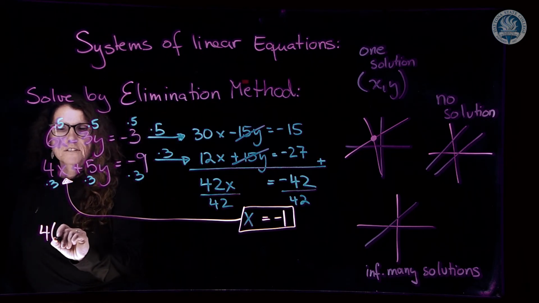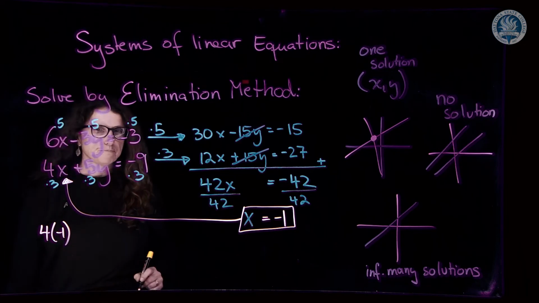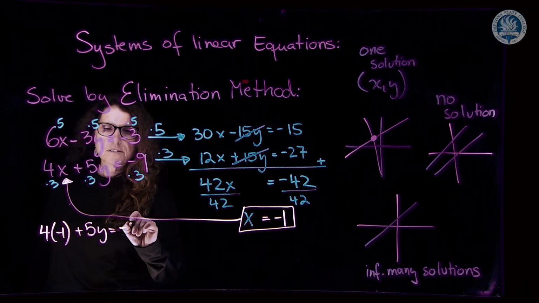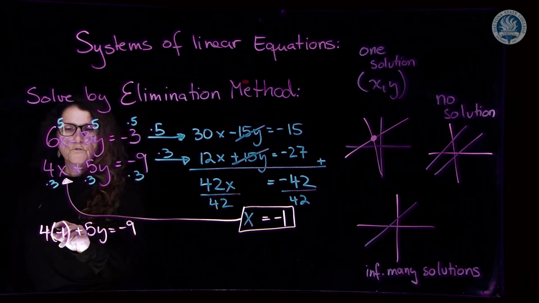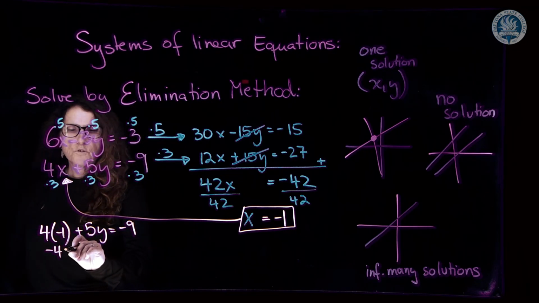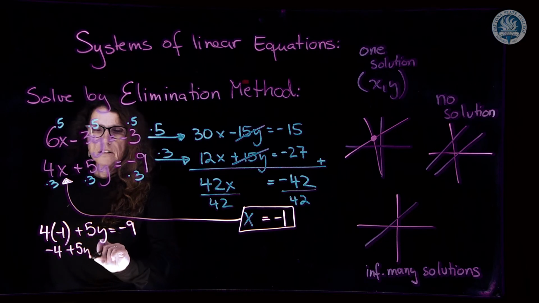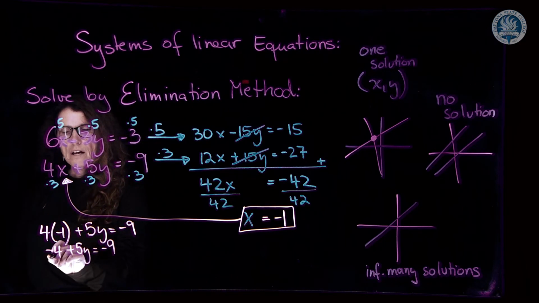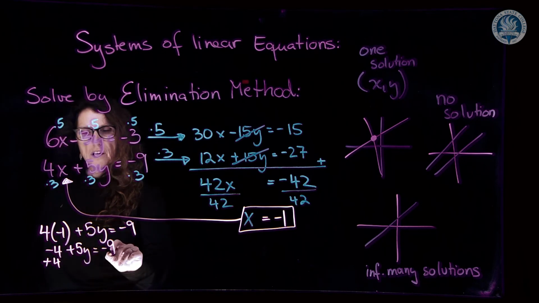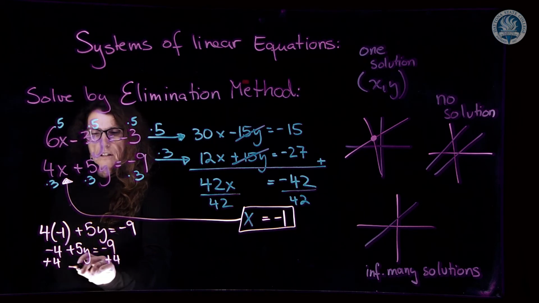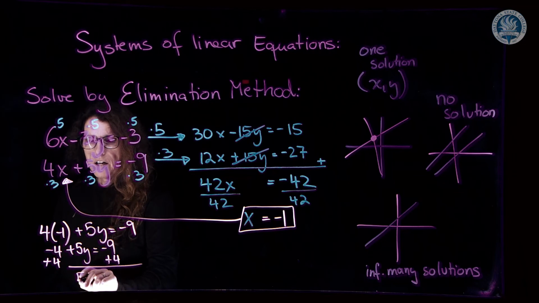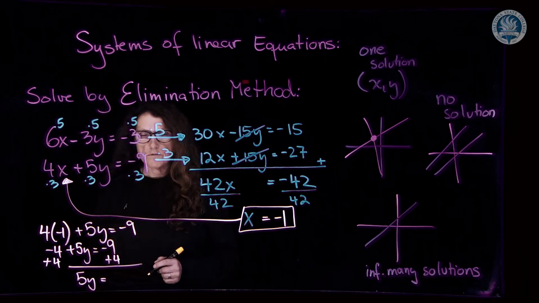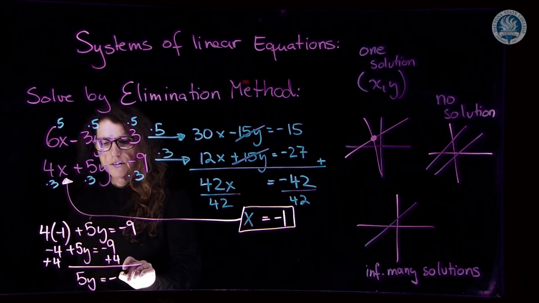4 times x, x is negative 1, plus 5y equals negative 9. 4 times negative 1 is negative 4, plus 5y equals negative 9. Add 4 to both sides. 5y is equal to negative 9 plus 4, which is negative 5.